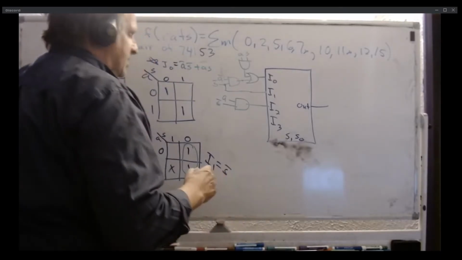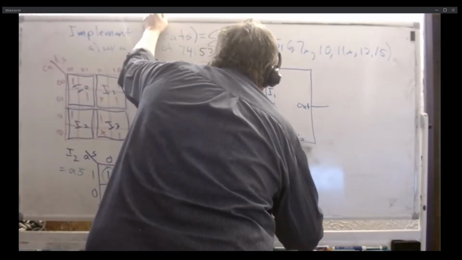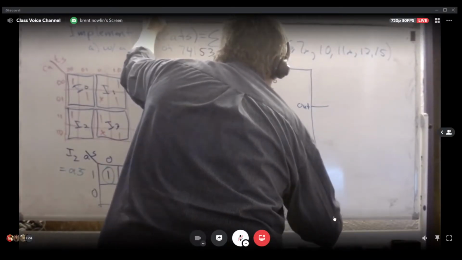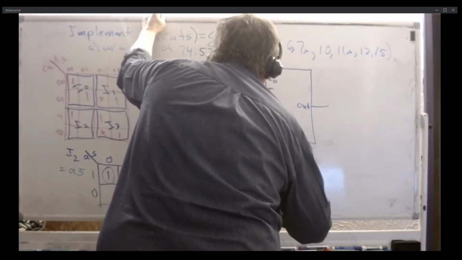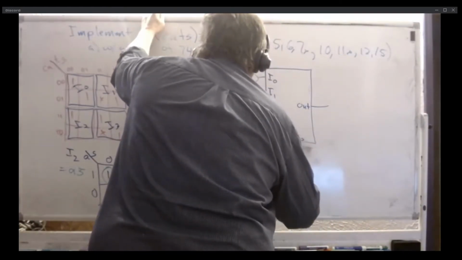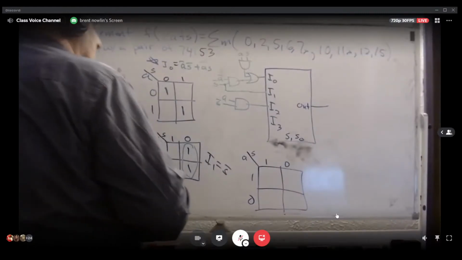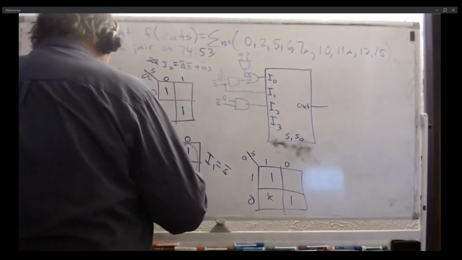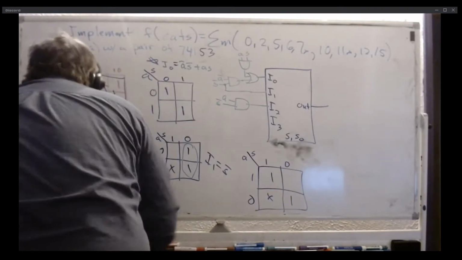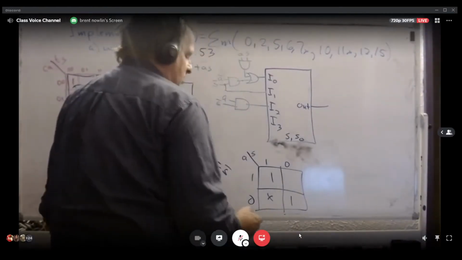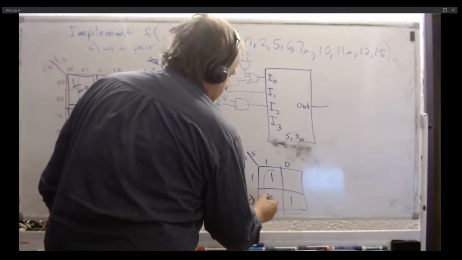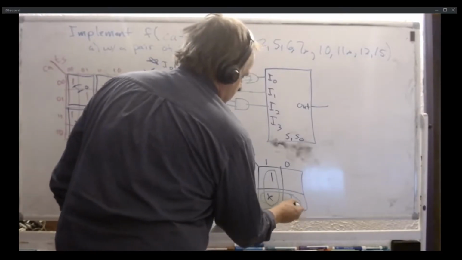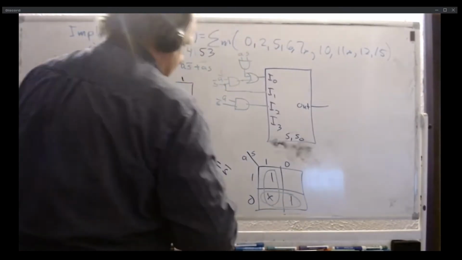Okay, how about I3, guys? Wouldn't it be 1 0 and then 1 0? You got it, Kylie. And this time we do include the don't care because it helps us. You tell me what we're going to do. I think what you said was do this. Yep. And then we got to do this to grab this one, right? Mm-hmm.